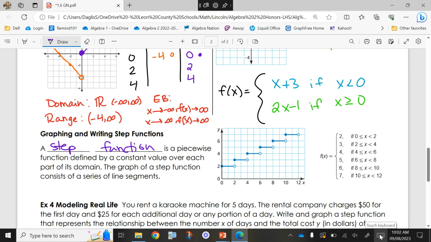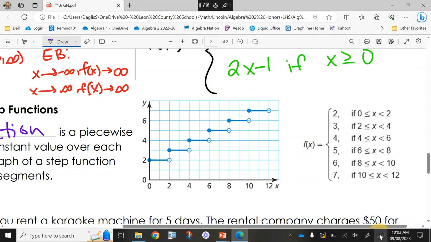The graph of a step function consists of a series of line segments. So that's an example of what the graph would look like and an example of what the function would look like. So what's missing? 2, 3, 4, 5, 6. None of them have a what? A variable, right? No one has an x because they're constants. They're flat. That's what makes them a flat step.